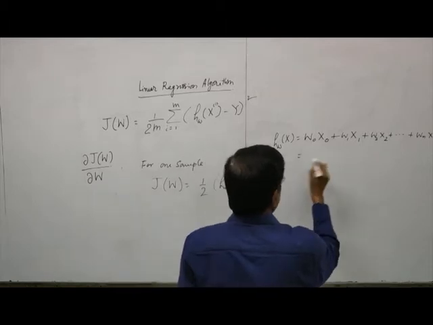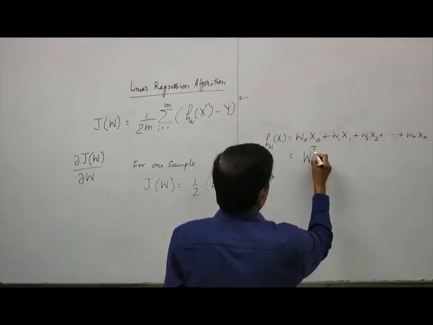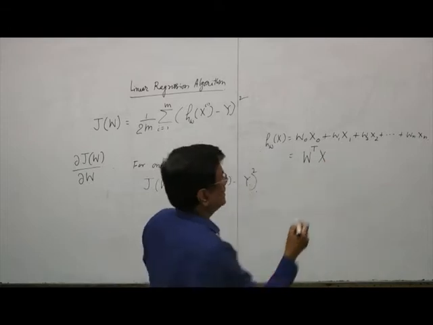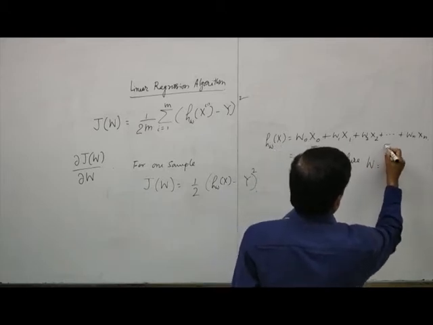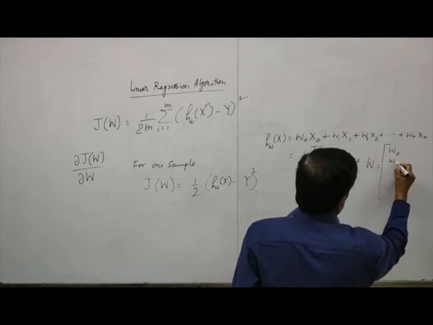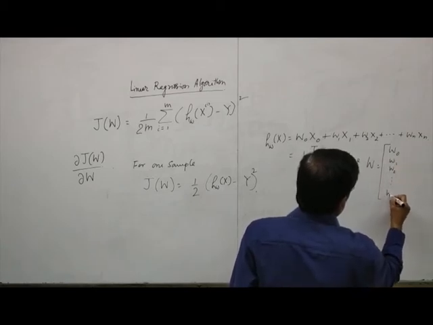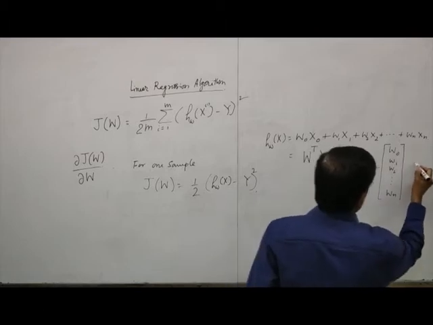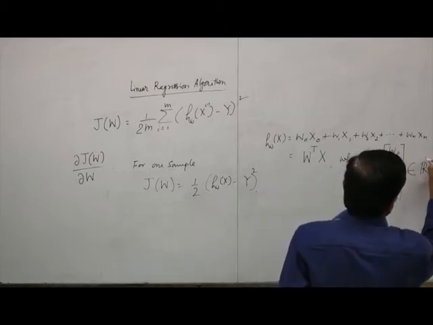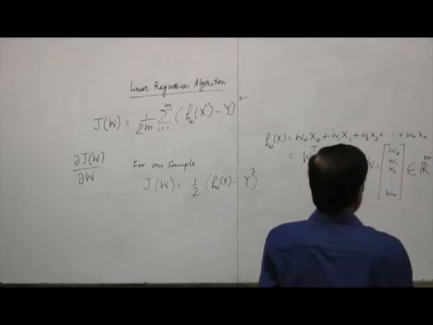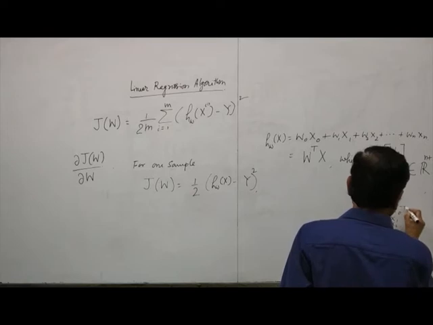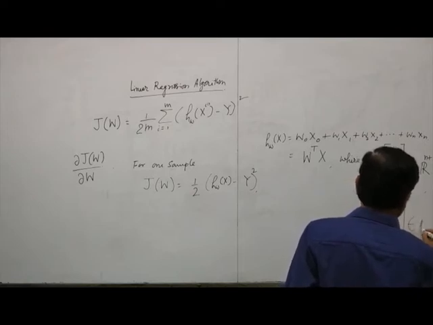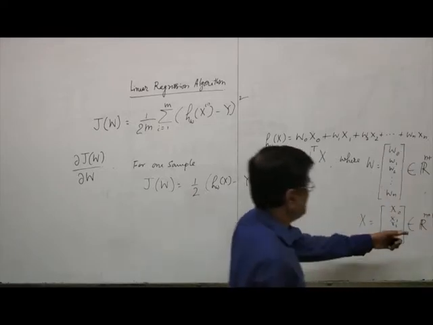This can be written in vector form as W transpose x, where W is defined in the space R^(n+1), and similarly x is also in the space R^(n+1).